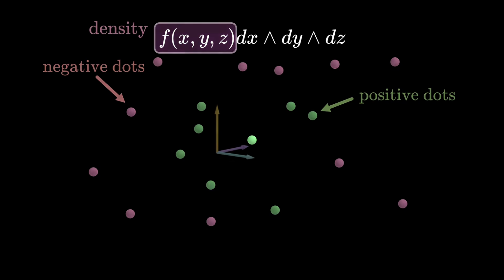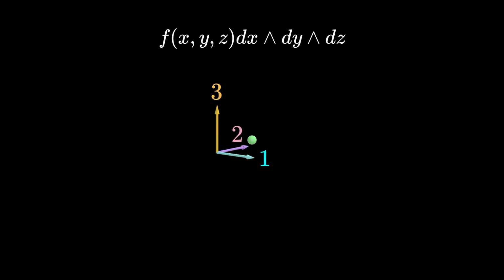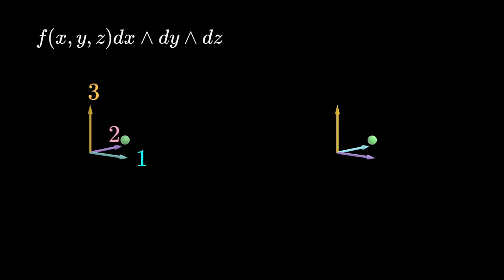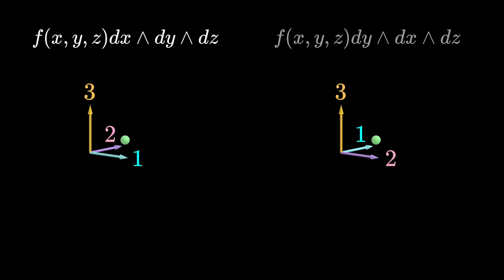This time, the orientation is denoted with 3 arrows, which are ordered. Similar to the 2-dimensional case, if I swap the order of any 2 of these arrows, I pick up a minus sign, because it's now the opposite orientation.